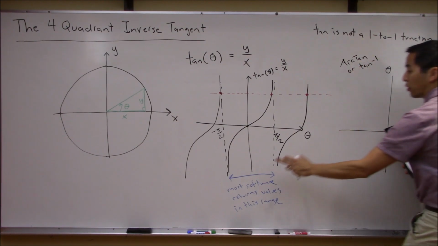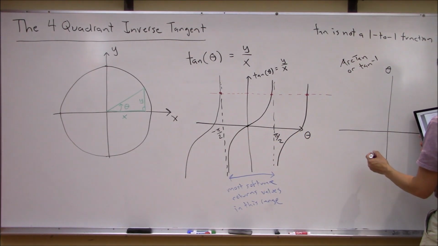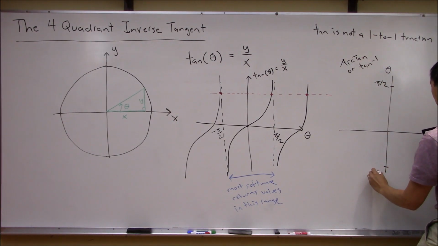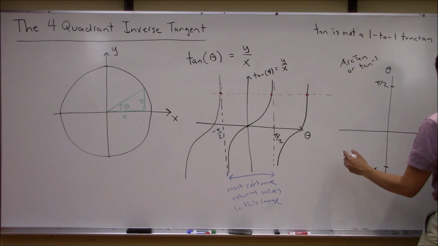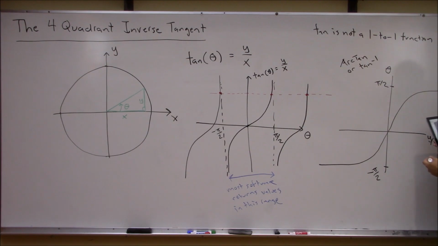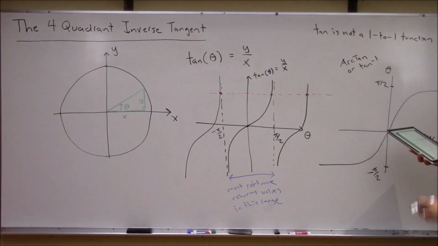What you'll end up with is that you only look at this section, so we'll turn this on its side. You'll have pi over 2 here and minus pi over 2, and for any value of y over x, it's going to look like this, something like that. It only carves out this single chunk here.